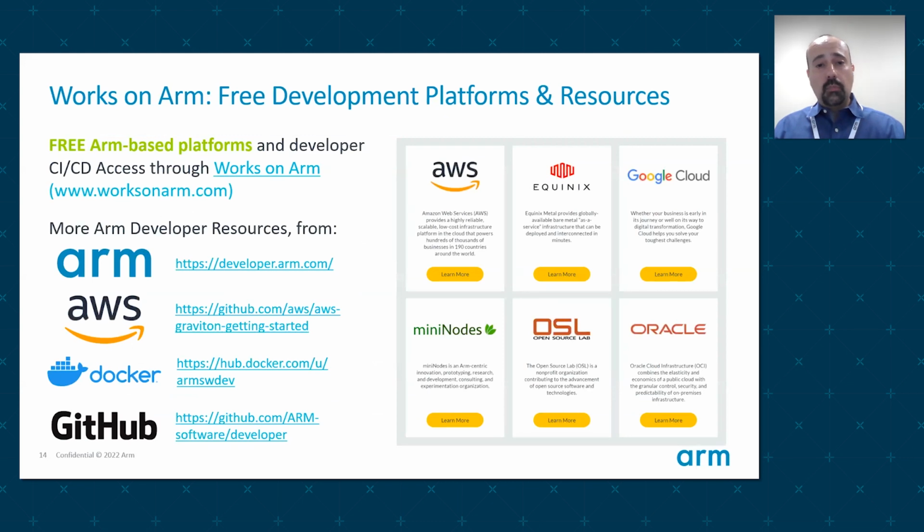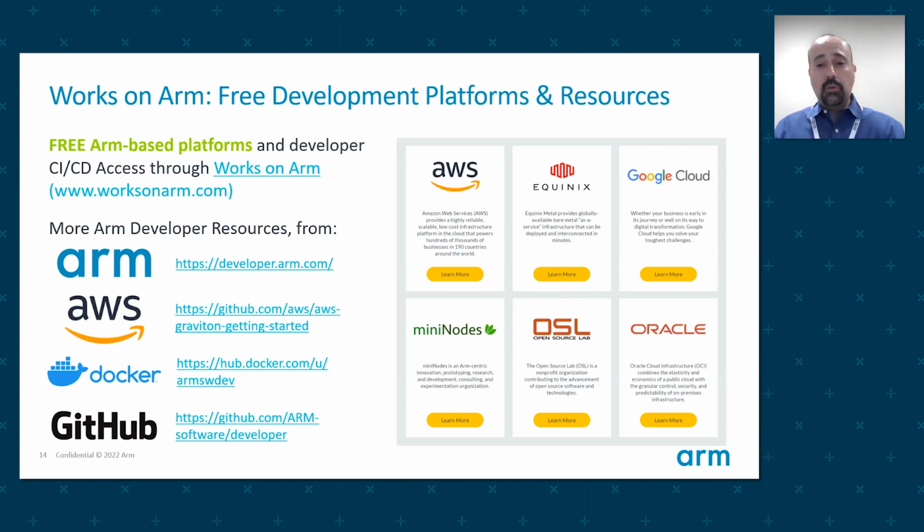Now, one of the ways that Arm has been working with the community to increase the footprint of software that runs on Arm is through our Works on Arm program. The Works on Arm program was created several years ago to establish free tools and resources for cloud-based developers to be able to access Arm-based compute. And what this has done is it's allowed a lot of the major open source programs to utilize Arm-based servers in their CI/CD process, therefore ensuring that Arm is a first-class citizen and is tested by all the major OSS projects.